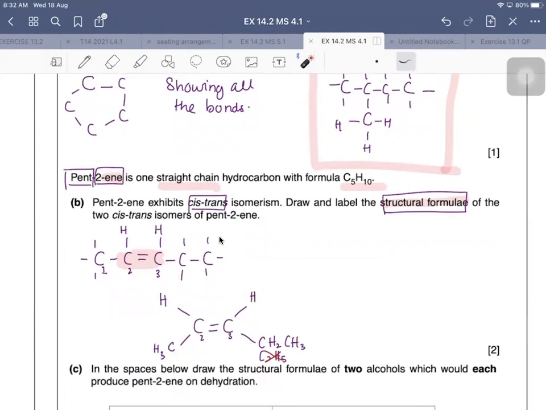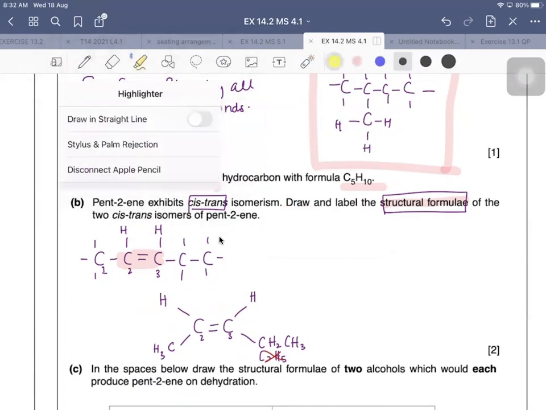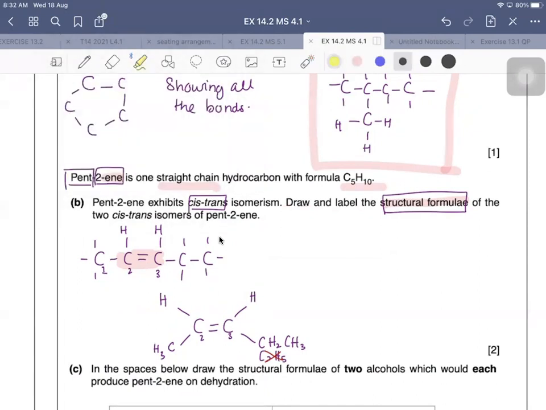So you have to draw and label, so make sure you do the labeling. I've already drawn one for you. And how do we know which one is cis and trans? You have to choose a priority group on each carbon of the double bond.